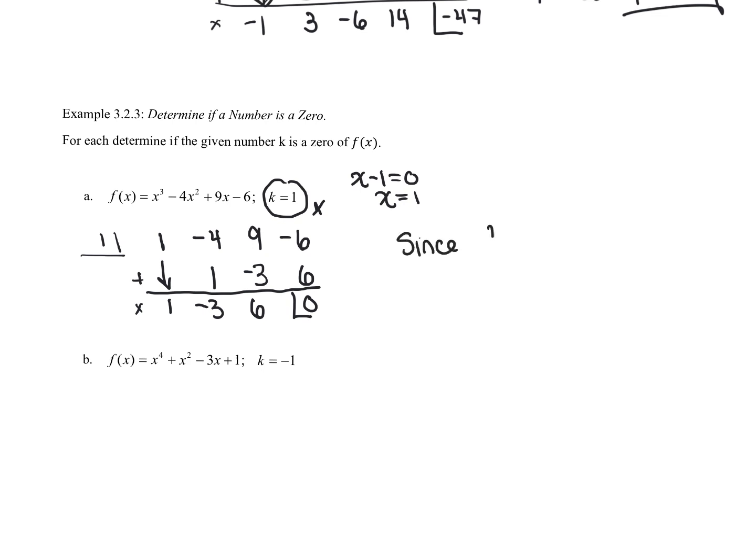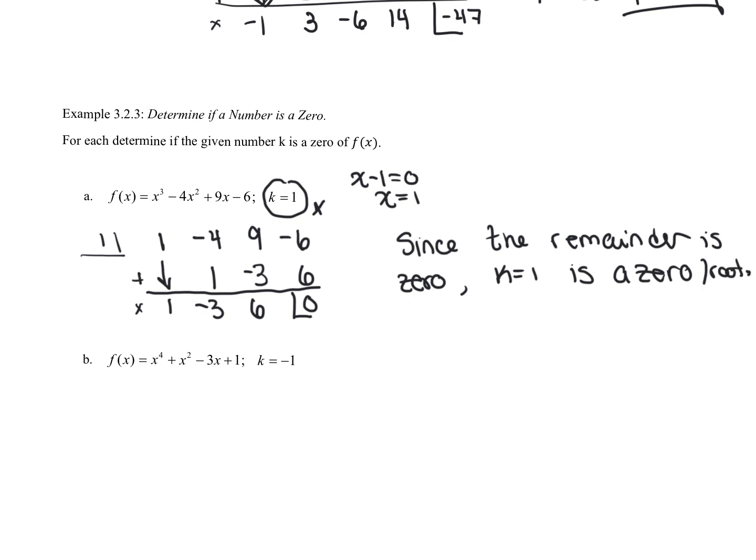Since the remainder is 0, k equals 1 is a 0 or a root, which also tells us that x minus 1, whatever the k value was, x minus 1 is a factor of f of x, that polynomial they gave us.